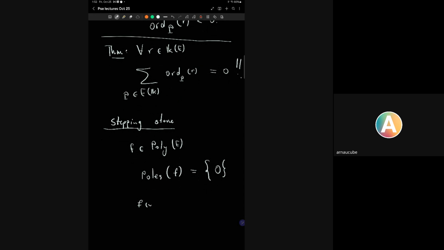This f, I can put it in canonical form, for example. And I need to find a point P = (x0, y0) such that if I substitute it in f, I get infinity.